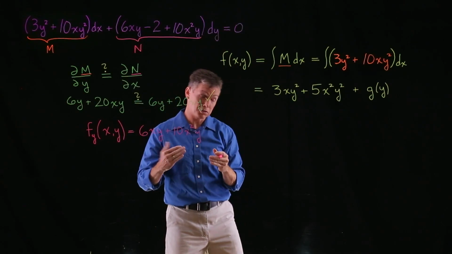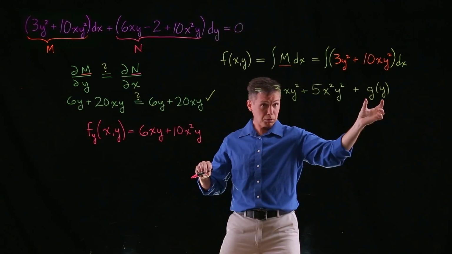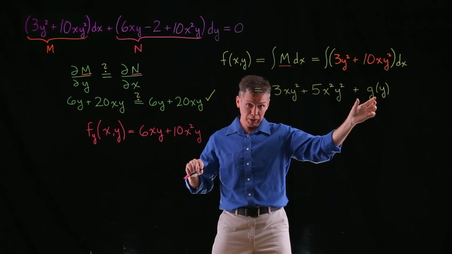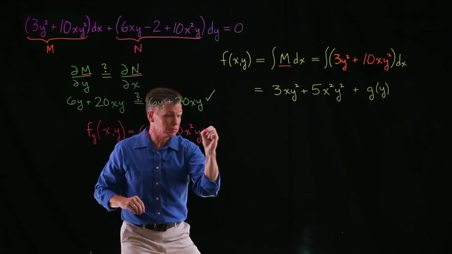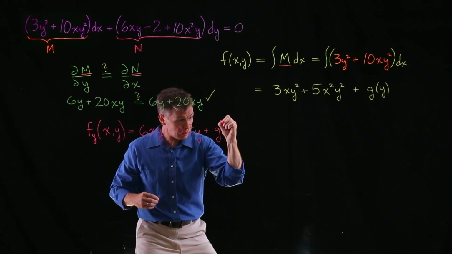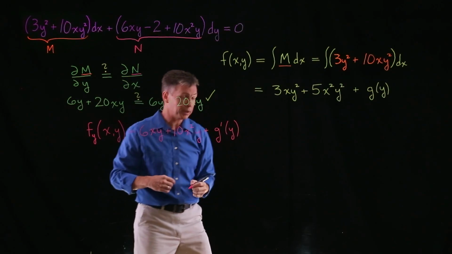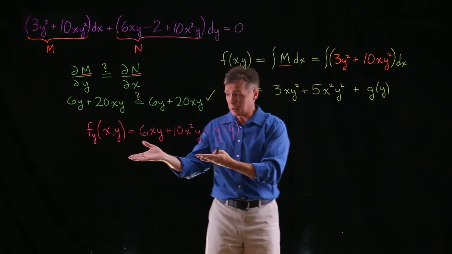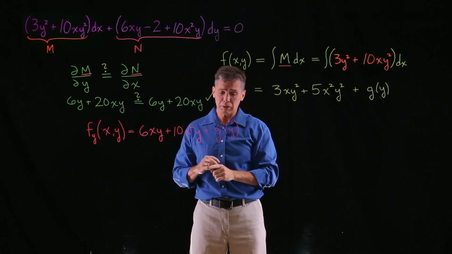And the third term, this is important, you are differentiating that third term with respect to y. We don't know what it is exactly, but I can express the derivative of g of y with respect to y as g prime of y. Okay? So this is my derivative of f of xy with respect to y, partial derivative.